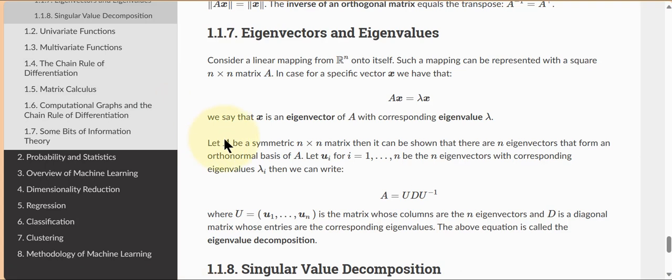Okay, so some interesting things now. If A is symmetric, when we talked about symmetric, of course not every matrix is symmetric, but if A is symmetric, then it can be shown that, we might say, well, how many different, okay, suppose we find an x which has this property that when you multiply it times A, you get just a multiple of x.